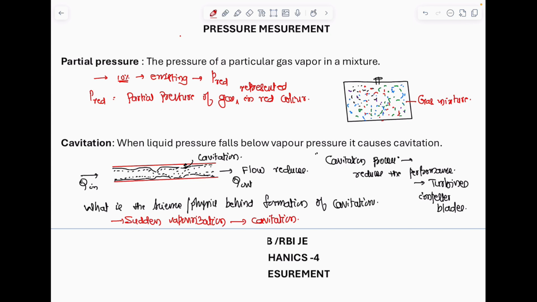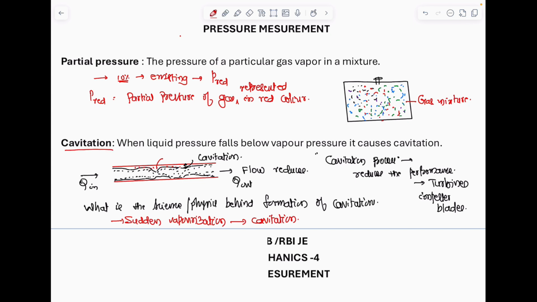This sudden vaporization causes cavitation. This cavitation causes erosion in the pipelines or in the impeller blades of the turbine, resulting in reduction in the performance of the impeller blades in the turbine or of the whole system, piping system or energy producing system. This is the result of cavitation.